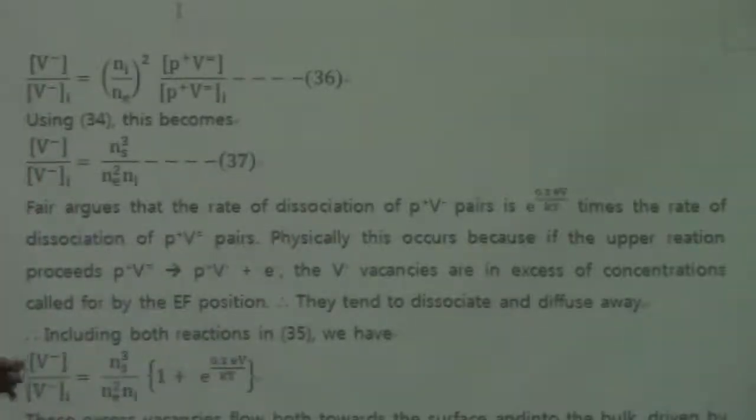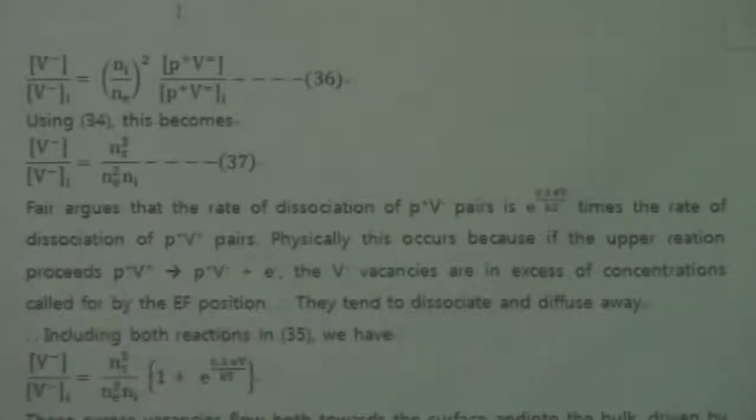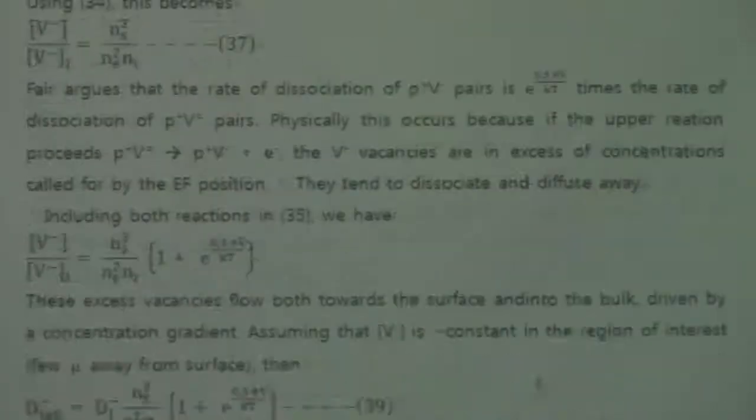Physically, this occurs because if the upper reaction, this dissociation reaction, proceeds, the singly negatively charged vacancies are in excess of the concentration called for by the Fermi energy position. The important point here is that the V minus concentration, the singly negatively charged vacancies, is going to have extra numbers from this dissociation reaction.